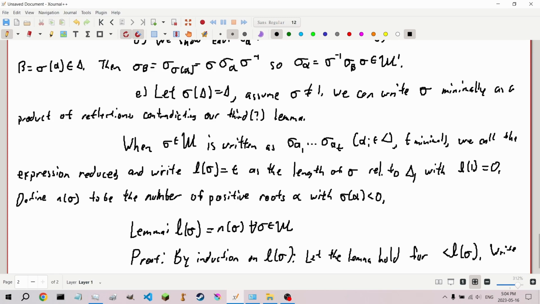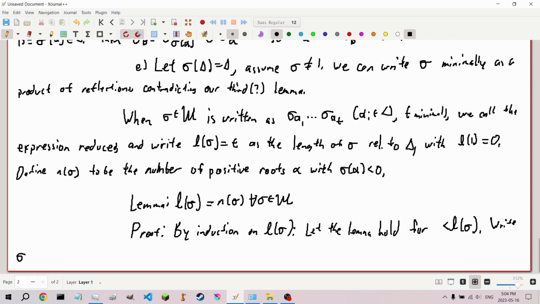We write sigma in reduced form as sigma is equal to sigma alpha 1 multiplied through to sigma alpha t, and set alpha to be our last alpha in this chain.